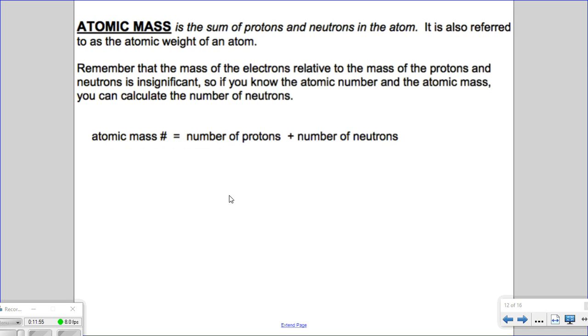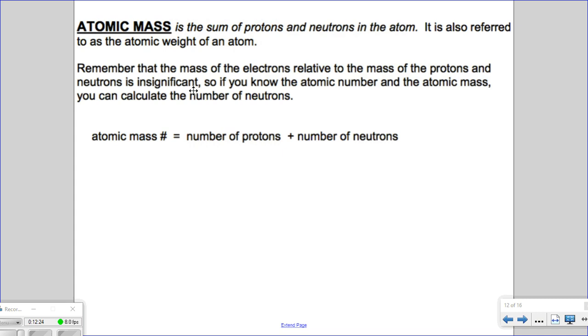One of the last things that we'll talk about is atomic mass. Atomic mass is the sum of protons and neutrons in the atom. It is also referred to as the atomic weight of the atom. The atomic mass is that last little bit of information that we'd find in a periodic table and in standard atomic notation. Remember that the mass of the electrons relative to the mass of the protons and neutrons is insignificant.